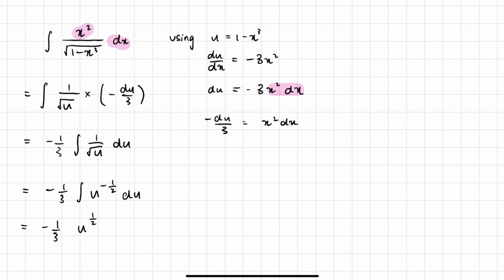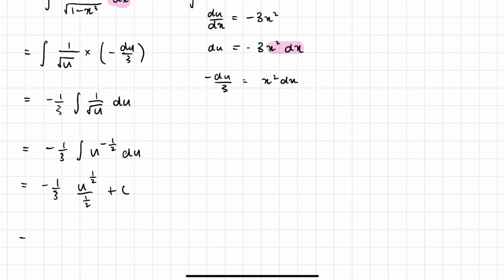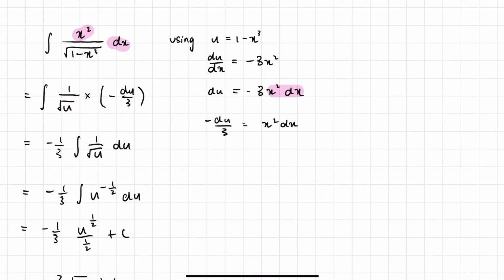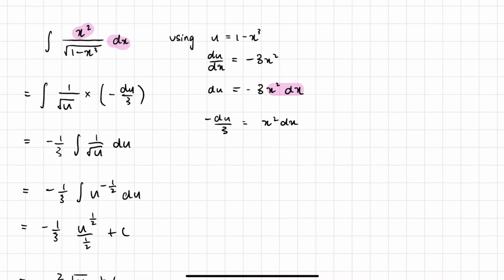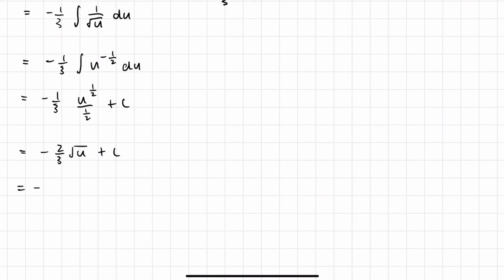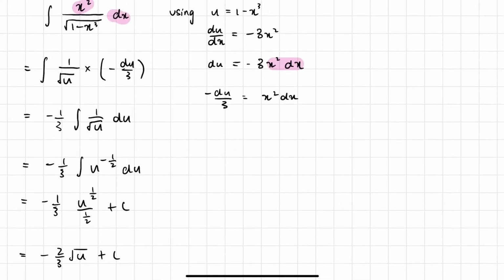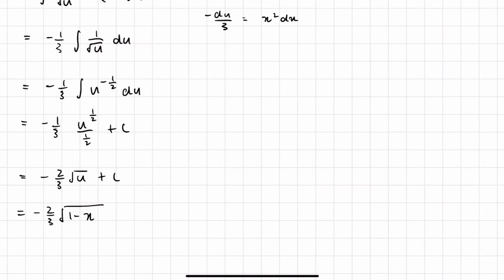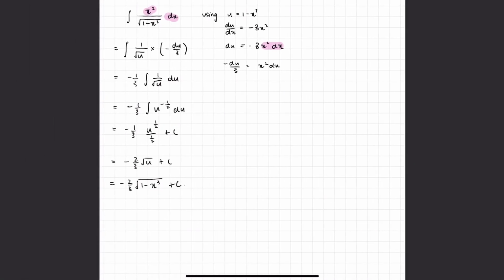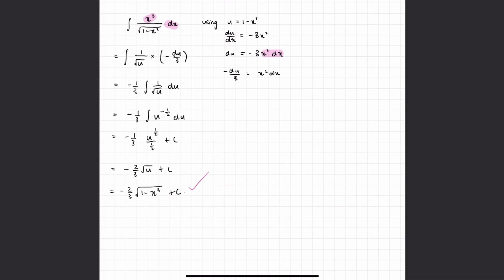Let's add 1 to the power and divide by the same thing. And make sure you don't forget to substitute the u back in, right? So minus 2 on 3 times 1 minus x cubed. Cool, and that's the answer for this question.